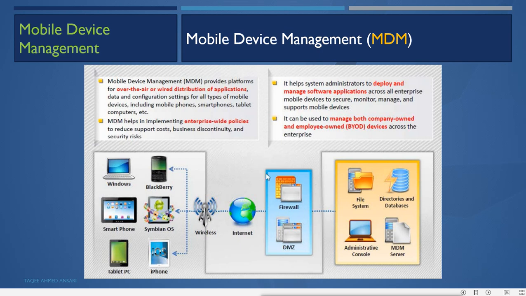Users also come with their own mobile phones, their own Android or iOS devices. So MDM helps the administrator to manage all the devices in the enterprise network and secure them.